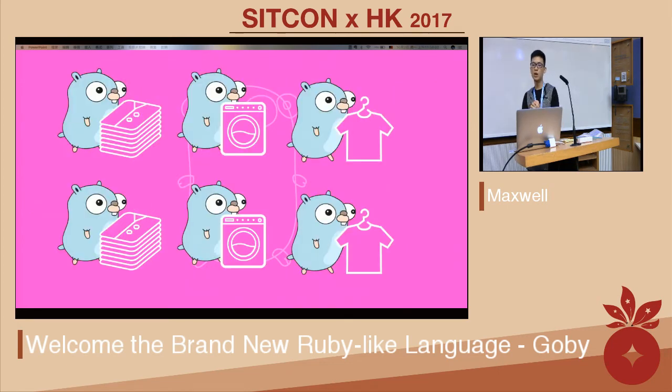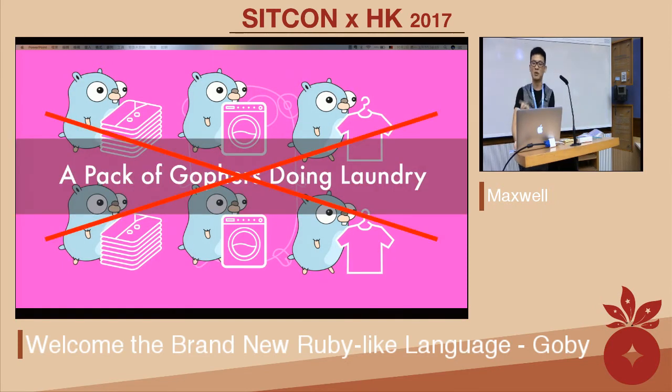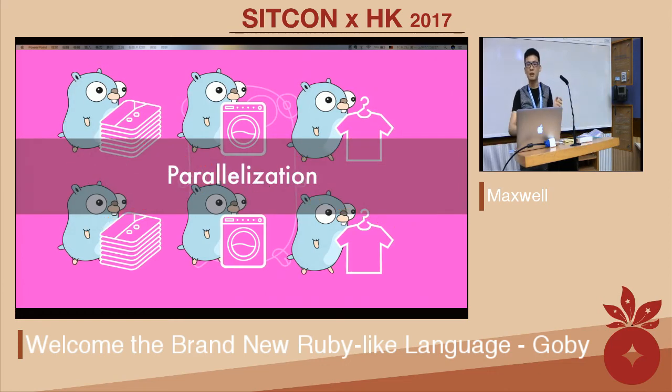Let's double the procedure into 2 rows. This time we have 6 gophers each doing independent things. This graph illustrates a pack of gophers doing the laundry. Oh, this is not the idea I want to talk about. It is parallelization.